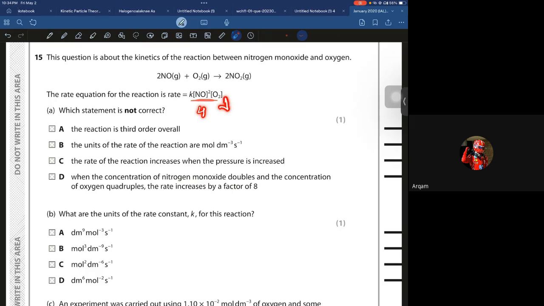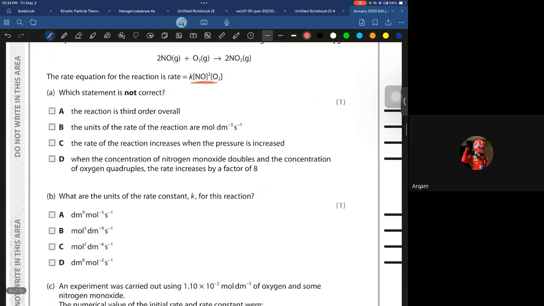Quad means 4 times, right? Yes, sir. So that would be 16, not 8. So that's why option D is not correct.